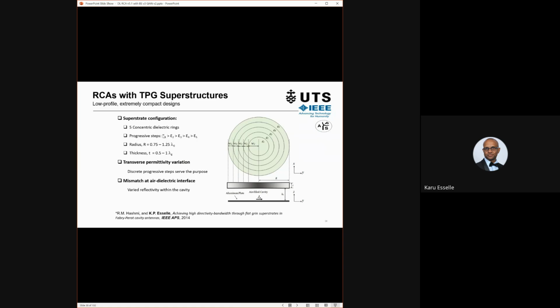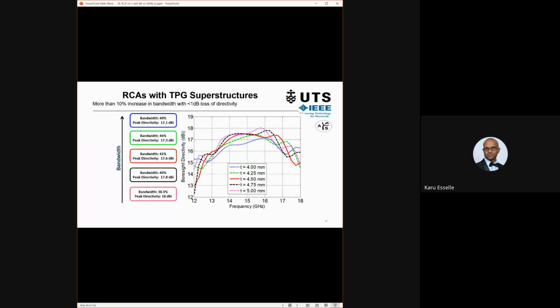Epsilon 1 is the largest, epsilon 5 is the smallest. And we look at the variation of bandwidth and gain or directivity by changing the thickness of the superstructure.